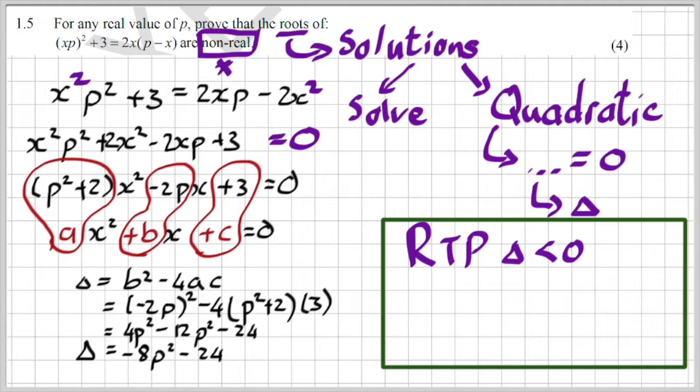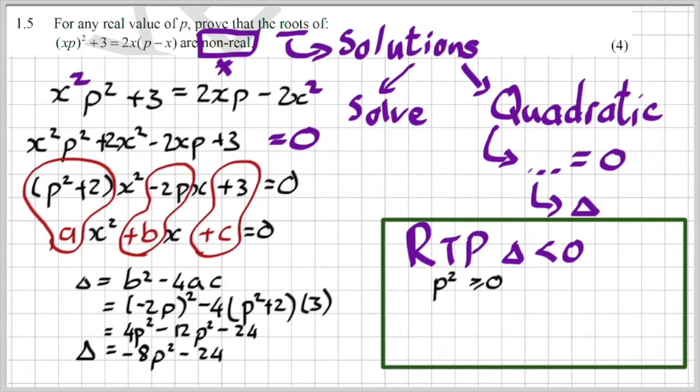So let's start. Where do I start? And here's a tip. Whenever I want to prove roots real or non-real, I always start with the square, because p squared is always greater or equal to naught, or non-negative. Once I've got that, I'm going to start manipulating it.